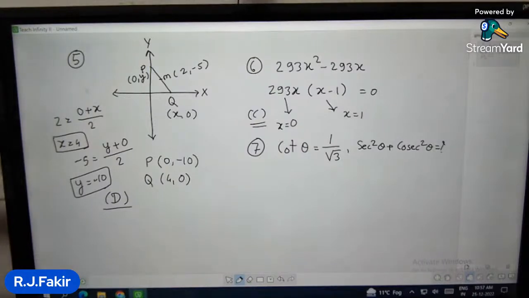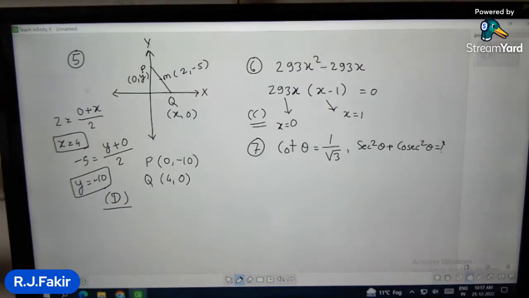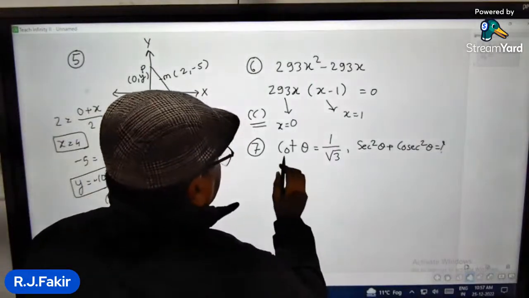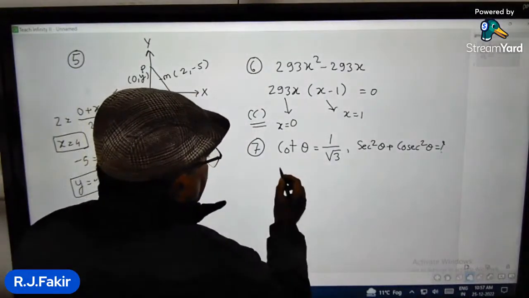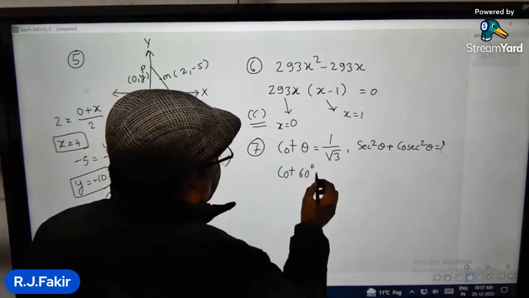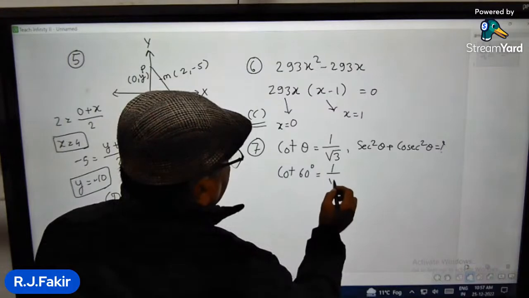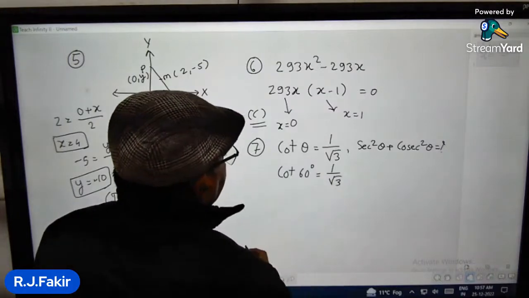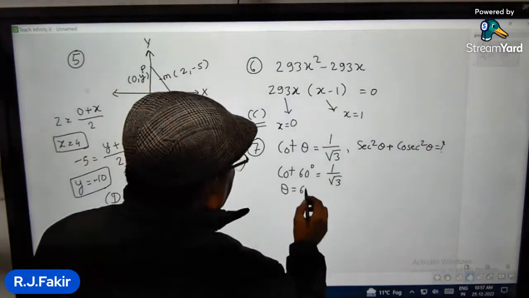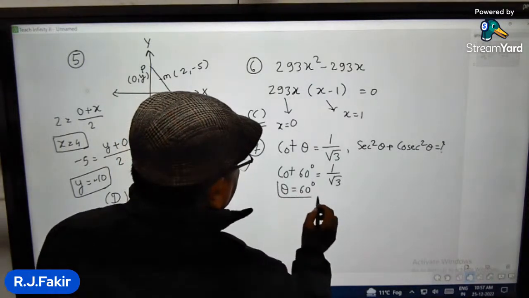One way is, if you remember that value table, you can easily find that this value of 1 by root 3 for cot refers to cot of 60 degree. That means here theta has a value of 60 degree.